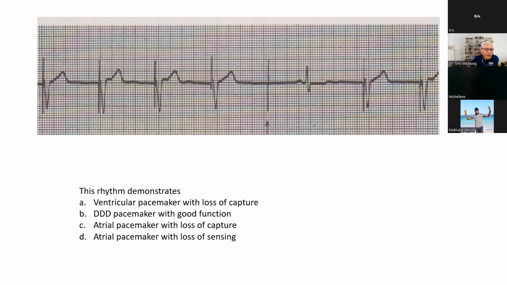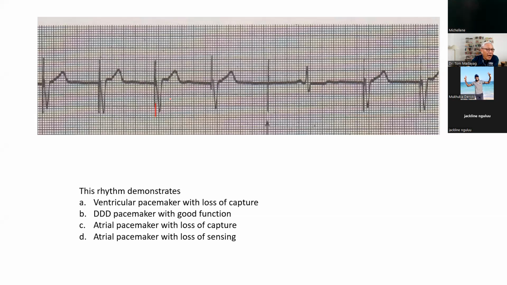Okay, the correct answer here is a ventricular pacemaker with loss of capture. So it's letter A. So let's find out why that is. In the first place, we have a spike, and you know that the spike, as you could see over here, is followed by a QRS complex.